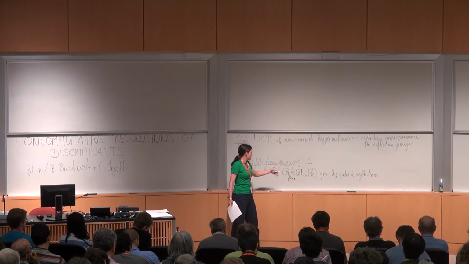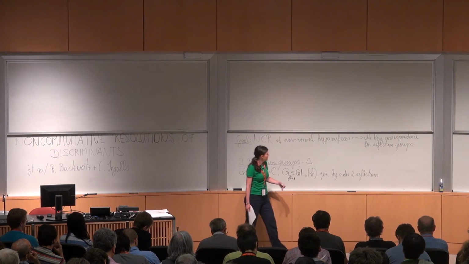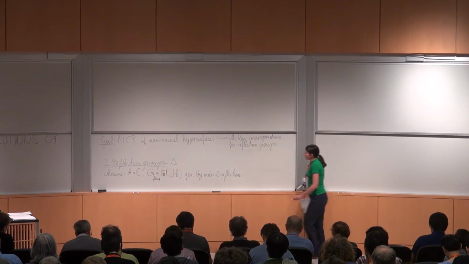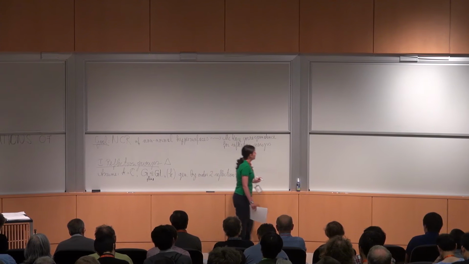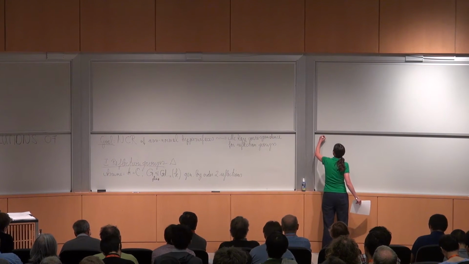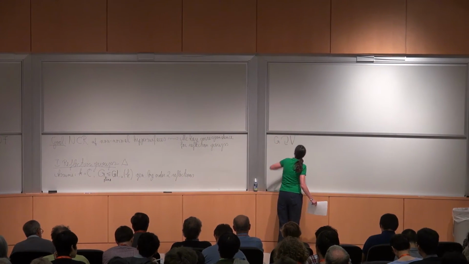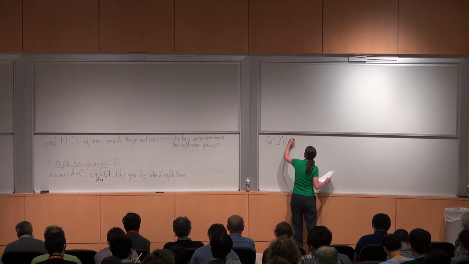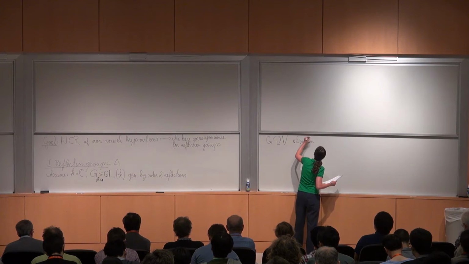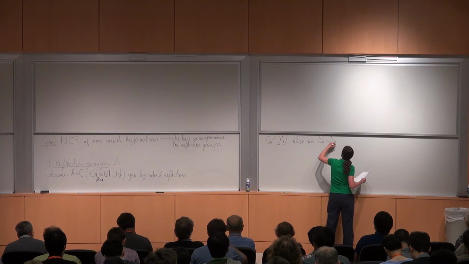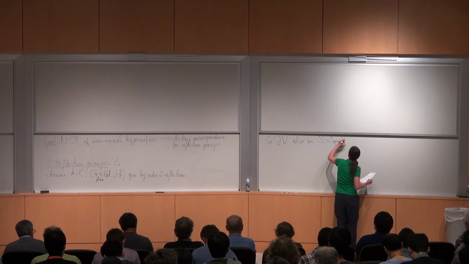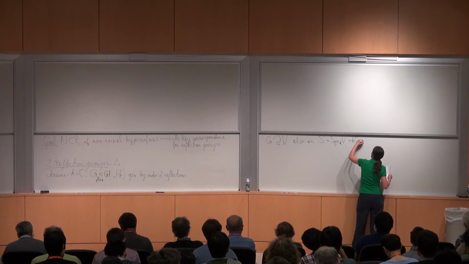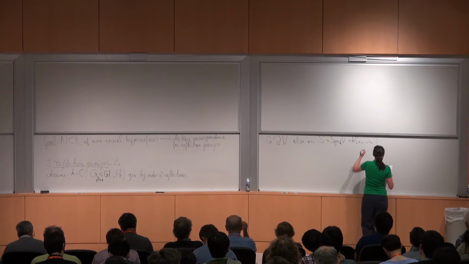So we start with a group G acting on a vector space V, an n-dimensional K-vector space, and also S, the symmetric K-algebra of V, which is just the polynomial ring in n variables.